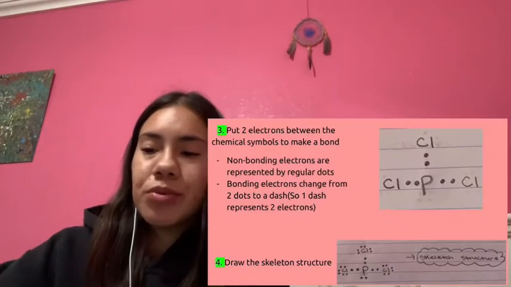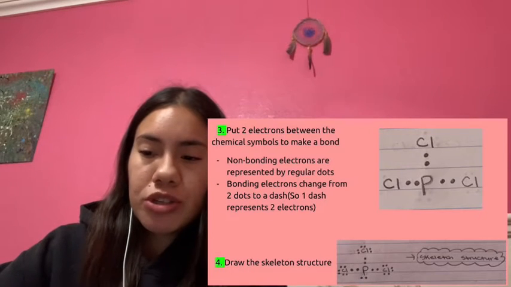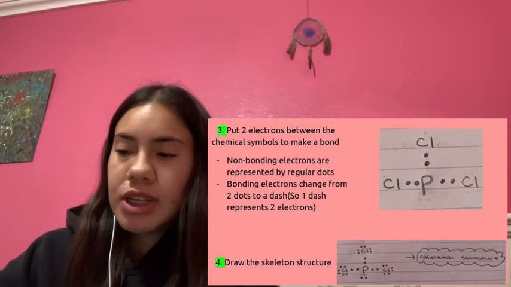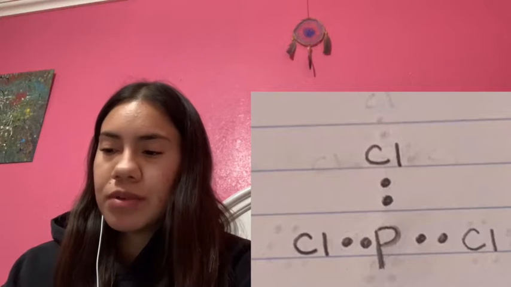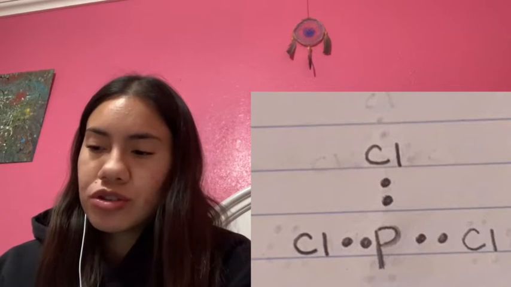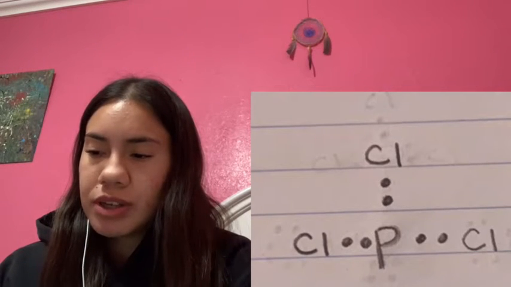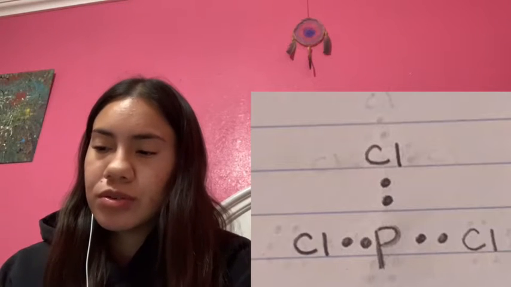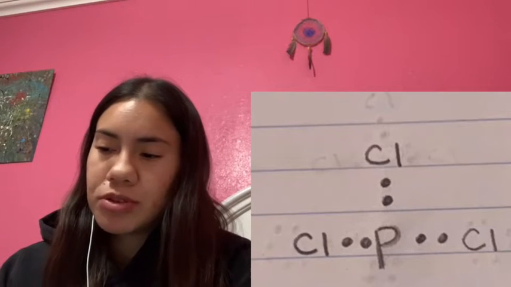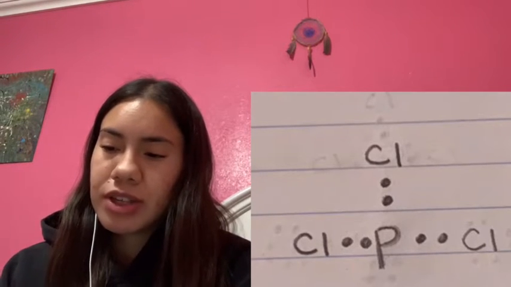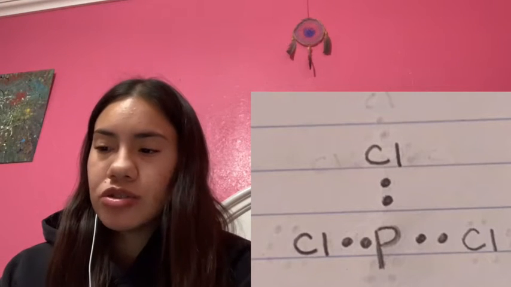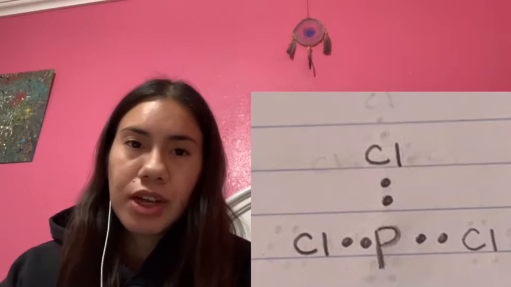Step 3 is to put 2 electrons between the chemical symbols to make a bond. In the image, you see how there are 2 electrons between each symbol, to connect the different chemical symbols.